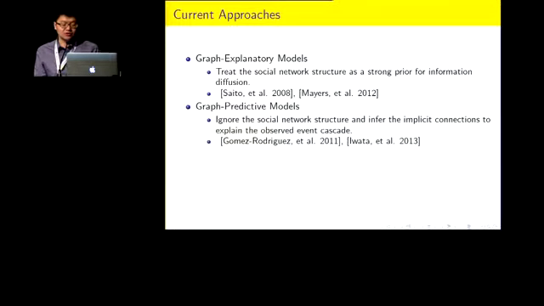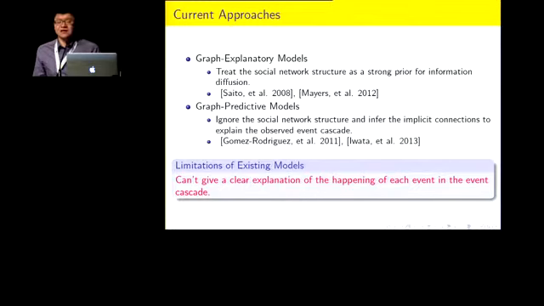These models ignore the social network structure and infer implicit connections to explain the observed event cascade. These models are mainly focused on explaining the event cascade as a whole, but they can't give a clear explanation of the happening of each event in the event cascade.